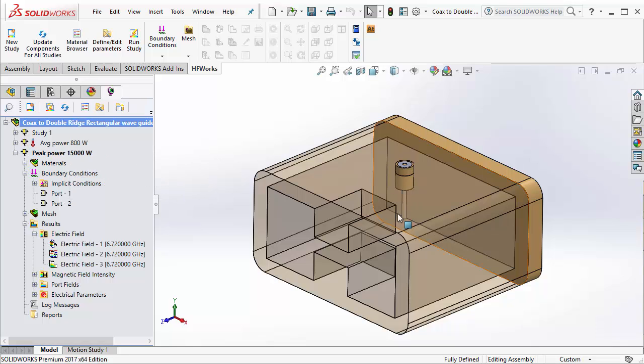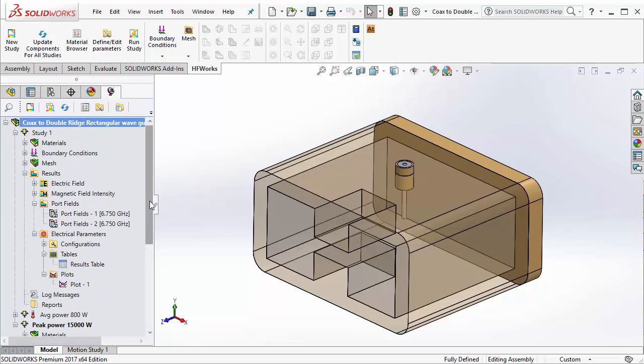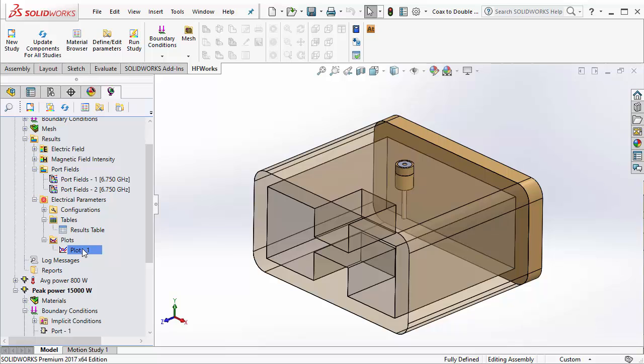Now the operating condition of this particular device is at 6.72 gigahertz, and we were able to find that out by doing another S parameter study, in which you find out how this structure responds, and how the S parameter looks, over a certain range of frequencies.